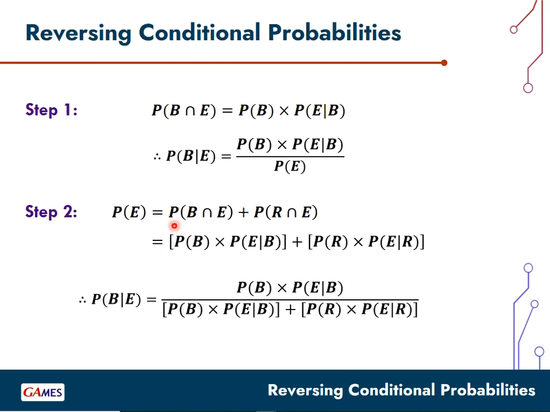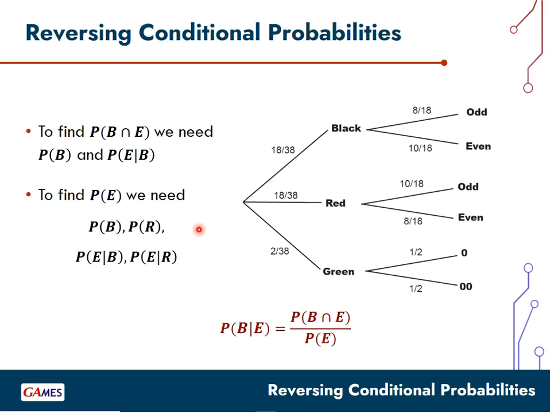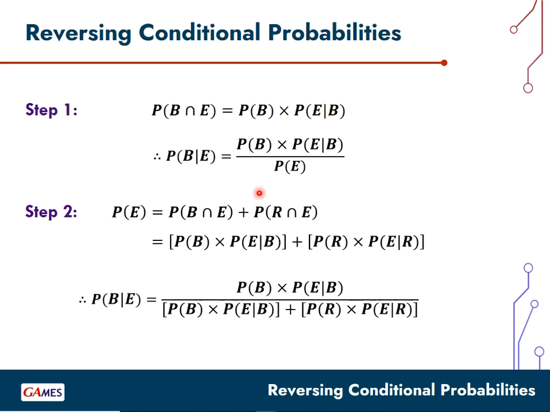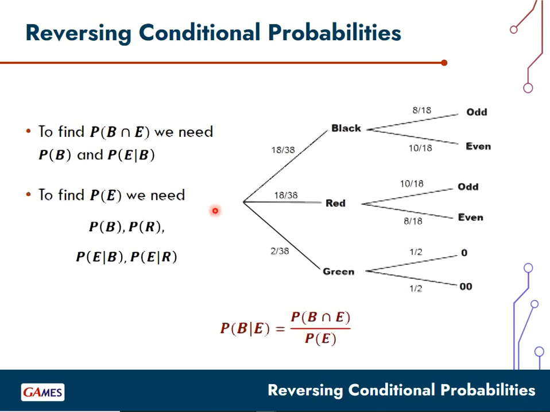So I mentioned earlier that you'll be considering the total number of outcomes or the total number of areas where that event occurred. You'll be considering the intersections.